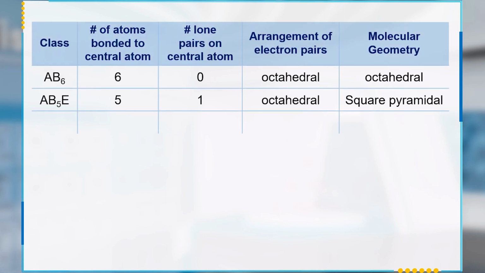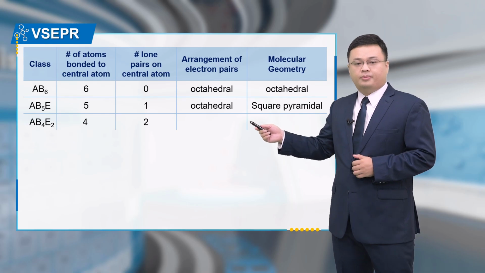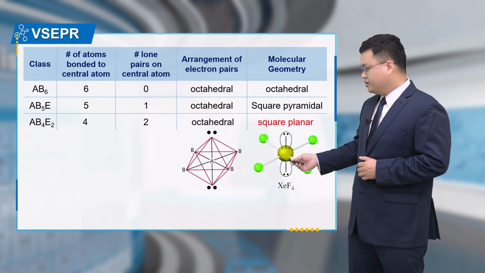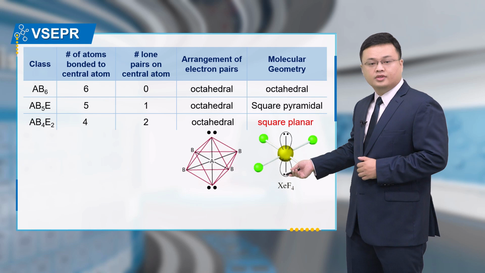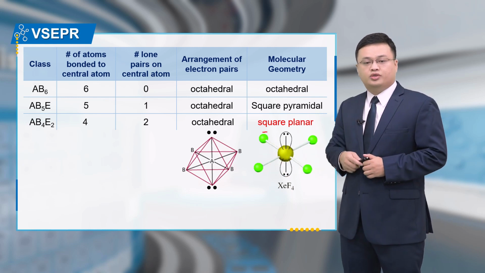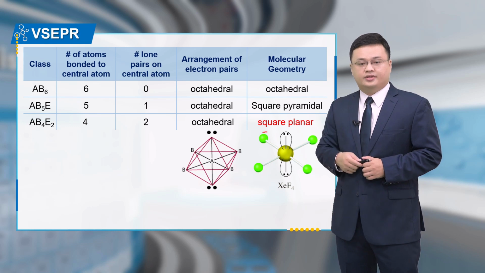Another similar structure to AB6 is AB4E2, with two lone electron pairs. The two lone electron pairs sit up and down of the octahedral structure, leaving four fluorides on the plane, so the geometry is square planar.